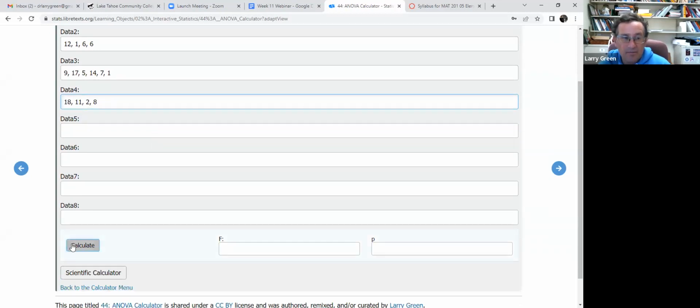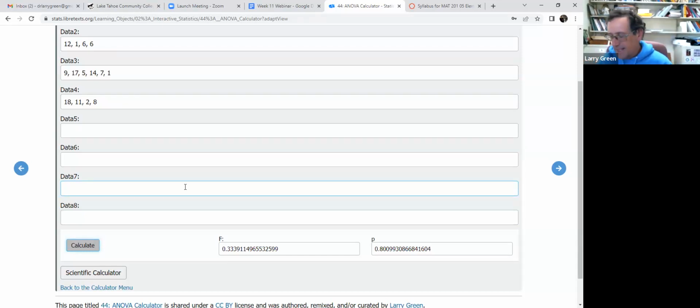Okay, and then I hit calculate. Okay, I will let you know that the test statistic is new. It's one that we haven't done in our class yet. And in our class, if you remember, we've done the normal distribution. We've done the student's t distribution. We've done the chi-square distribution. We've done the uniform distribution.